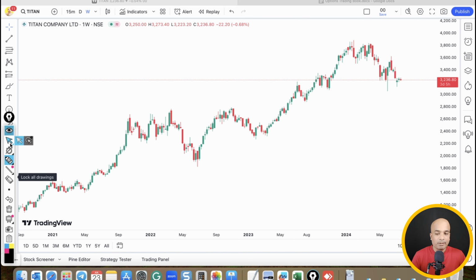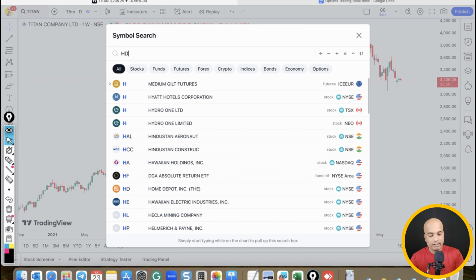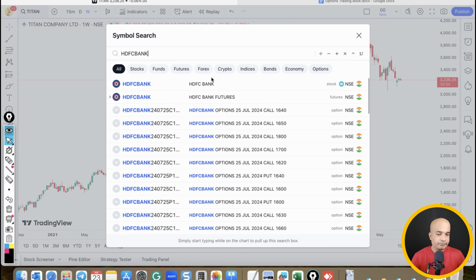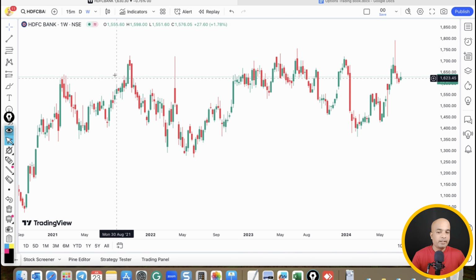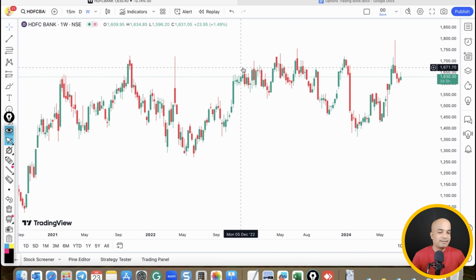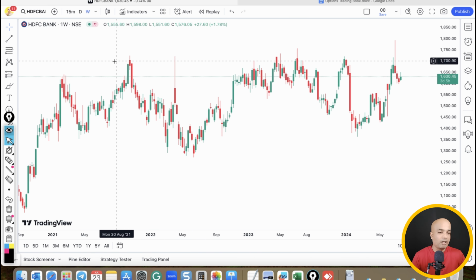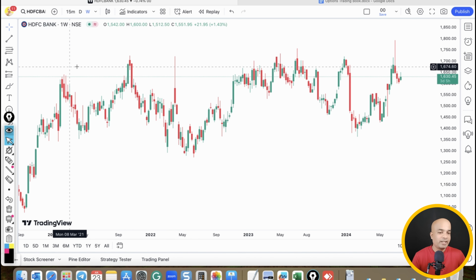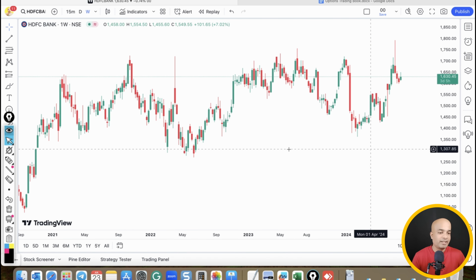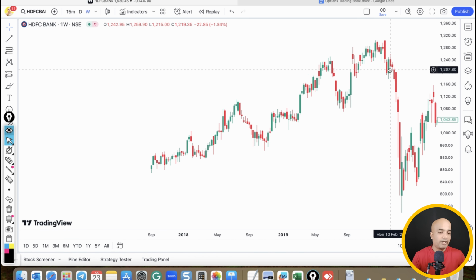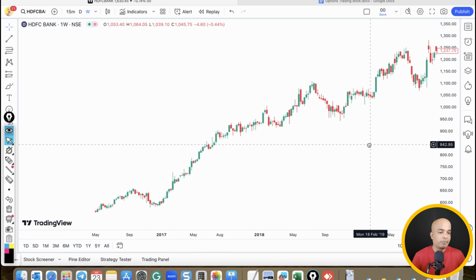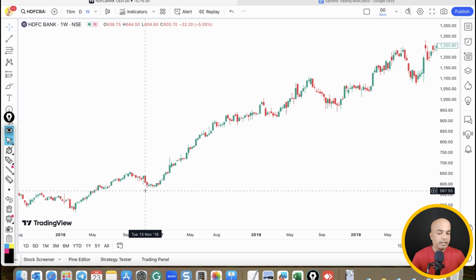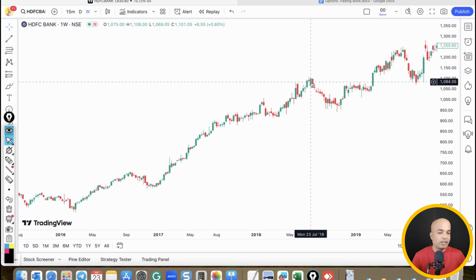Similarly, if you go to some other stock, for example, HDFC Bank, see here it made almost the same high, same low, same high. Almost all the highs are the same, right? So as of now, it is in a sideways trend. But earlier, if you compare from here to here, it made higher low, higher high, higher low, higher high, right?